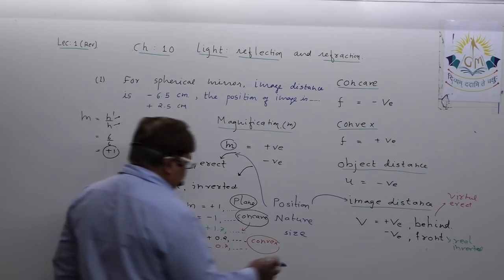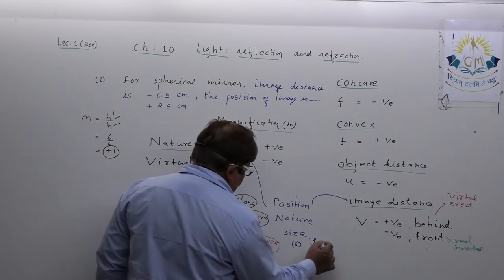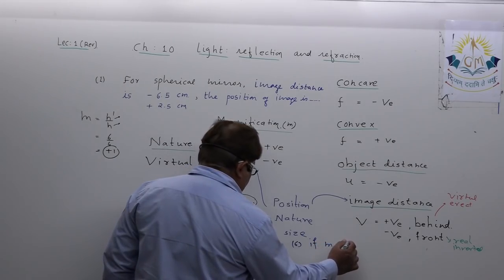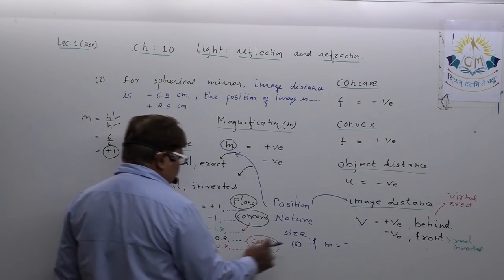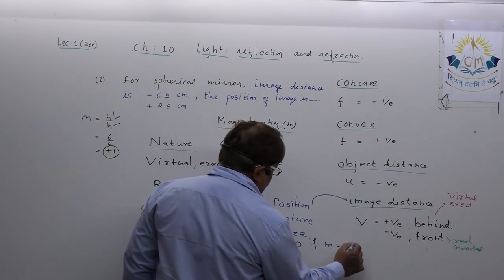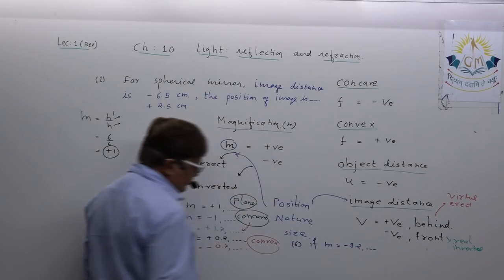Understand? If you are conceptually stronger, nobody can stop you. This way, if m equal to, suppose I write minus 3.2, can you guess?